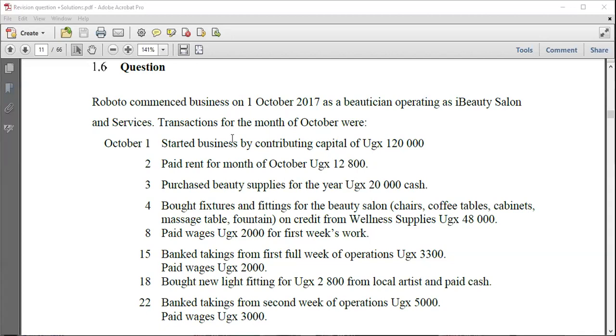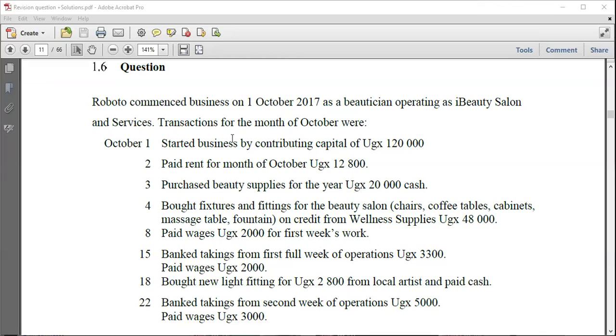Earlier on, if you're part of the class, you remember very well that we said that when expenses are increasing, we debit them.